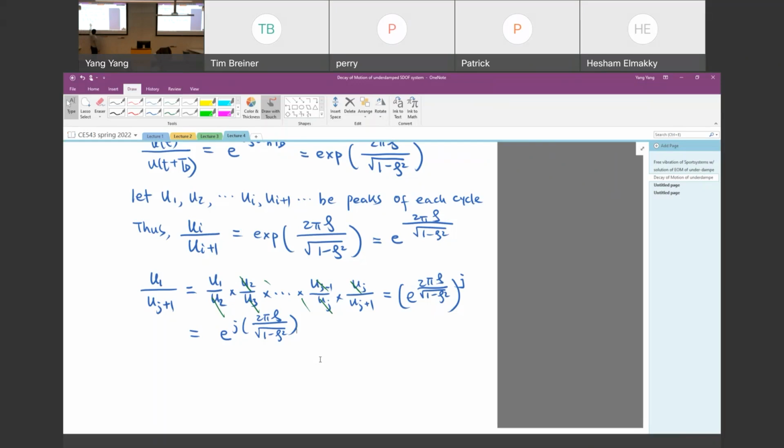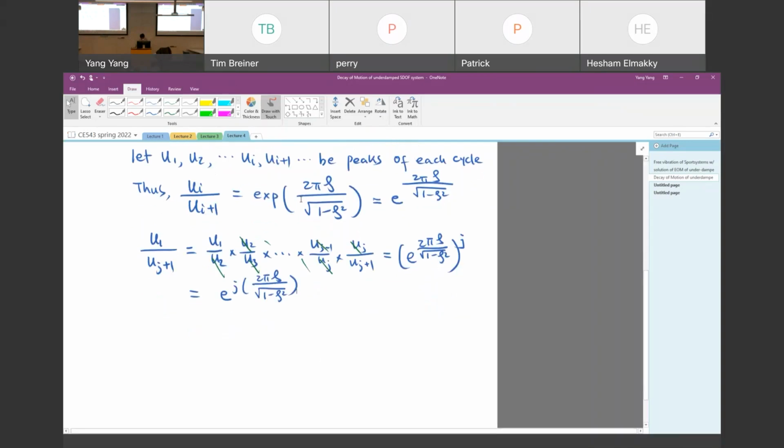Their ratio should be equal to the ratio to the J's order. So very straightforward here. And the reason why we do this is because we can use this equation to express the damping ratio.